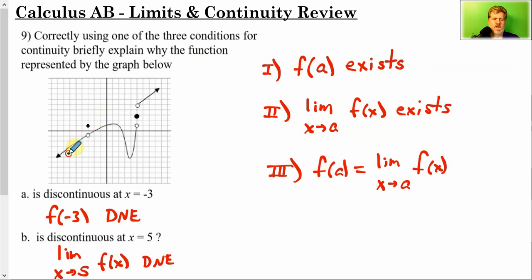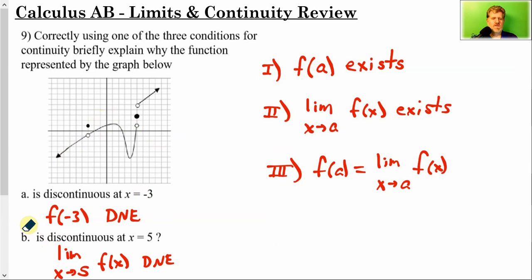Sure enough, from both directions, aren't I going to the same point? That point happens to be -1. So the point equals 1. The limit equals -1. So then the third condition is not met. If those two aren't the same, it's not continuous, which it's not, because 1 does not equal -1. So that's an example of the third reason.